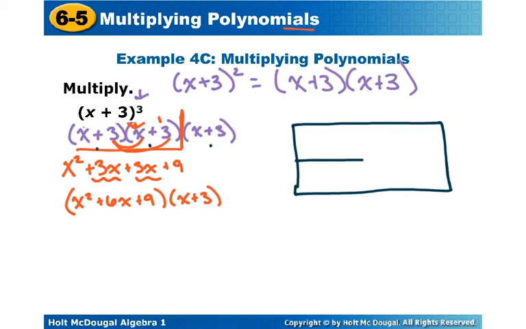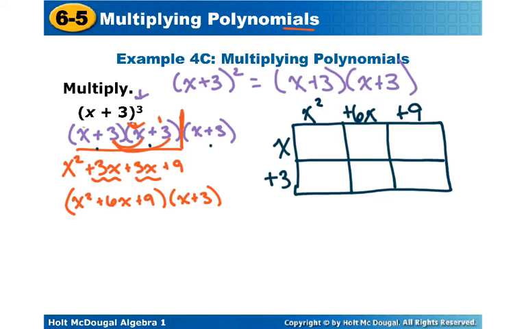So I'm going to draw myself a little table. It needs to be 2 by 3. So I'm going to write my trinomial across the top, taking the signs with the terms. And then I'm going to take my binomial down the side. And then I'm just going to simply multiply, remember, over and down.